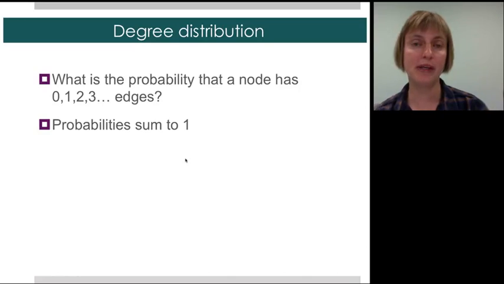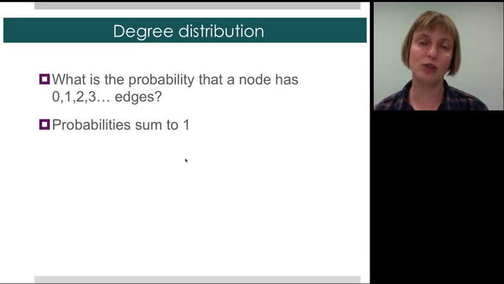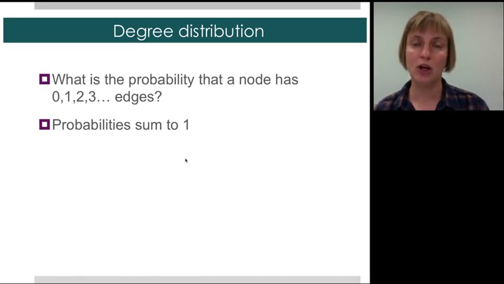What is the probability that a node has degree 0, degree 1, degree 2, and all of those probabilities have to sum to 1. And by looking at the shape of that distribution, we can tell whether nodes tend to have approximately the same degree with some random variation, or whether perhaps there's some outliers that have degree much higher than others.